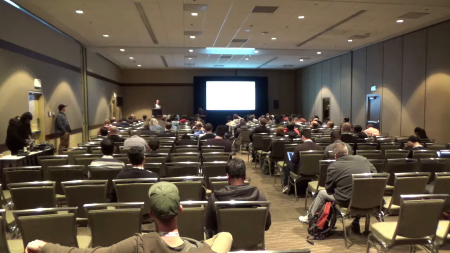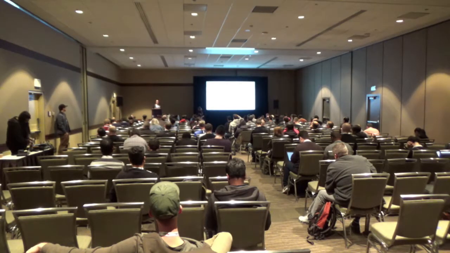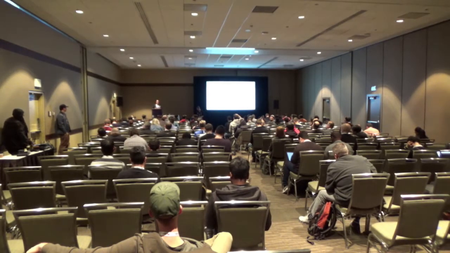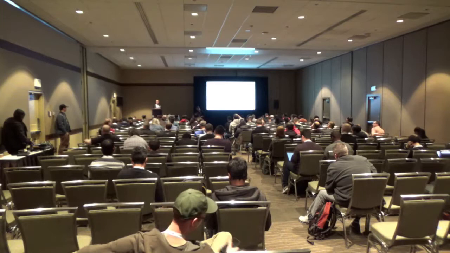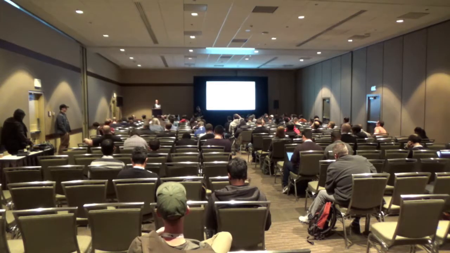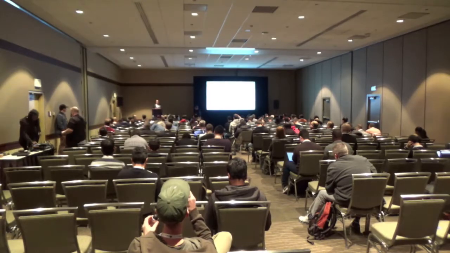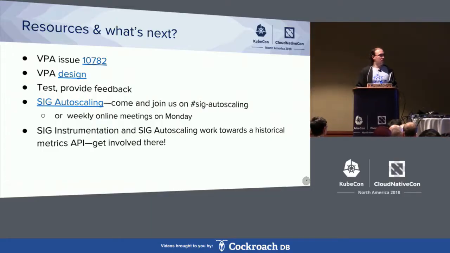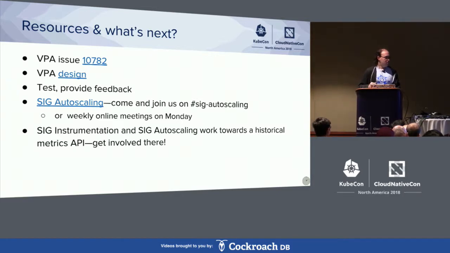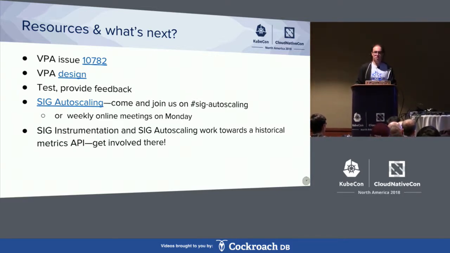Thank you. Okay, so I would like to ask how the recommender works. How does it analyze this historical data? What happens there? Is this some sort of statistical analysis? Is this some machine learning? I believe right now it's just looking at the percentage of usage.